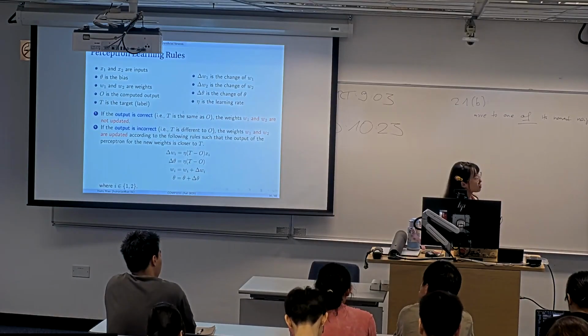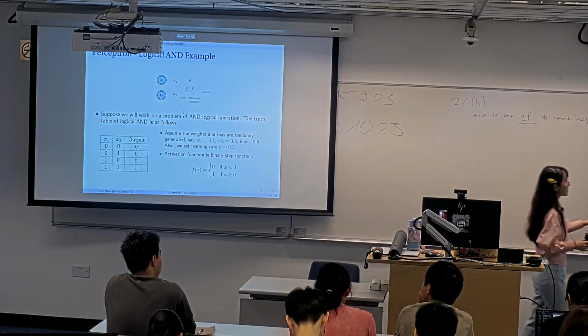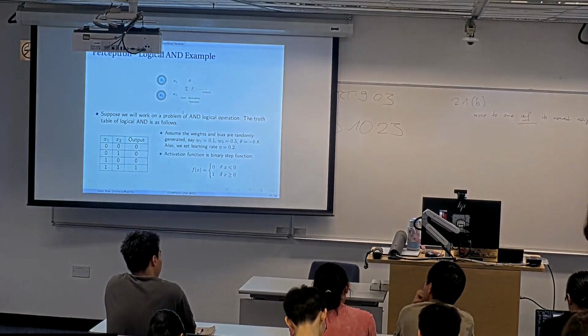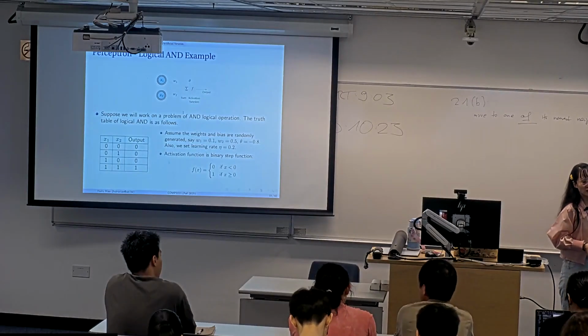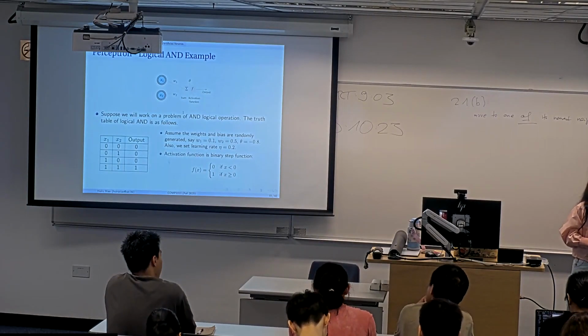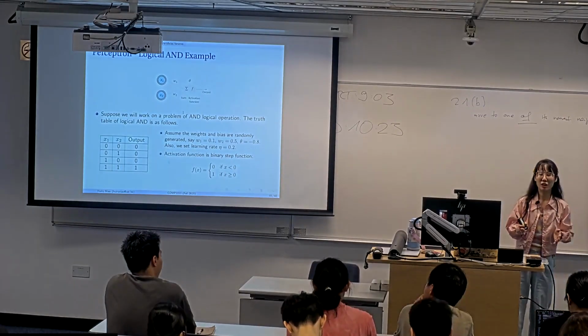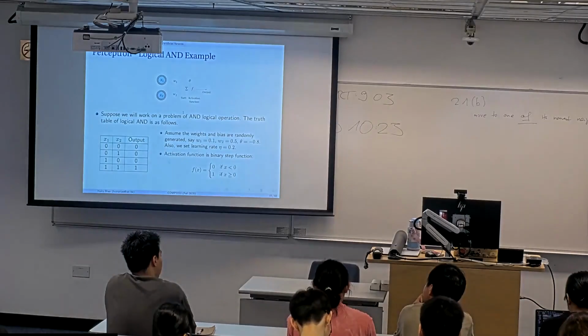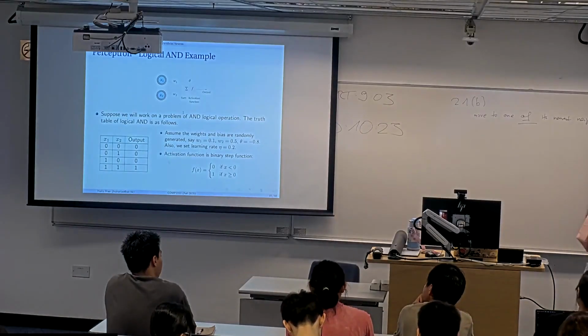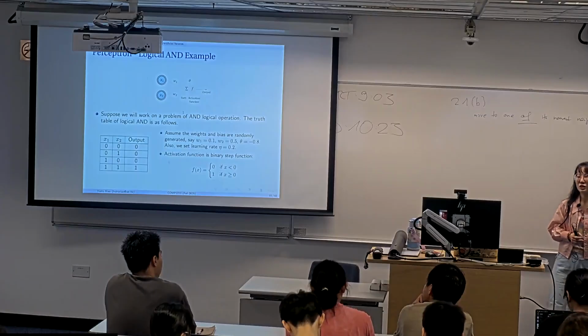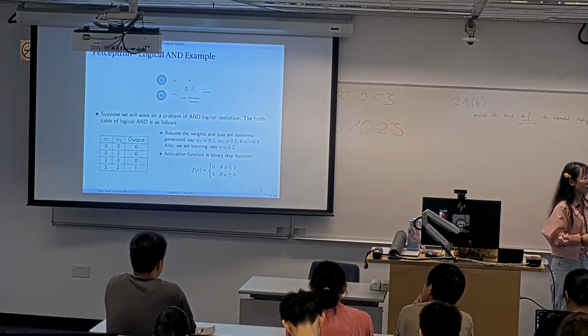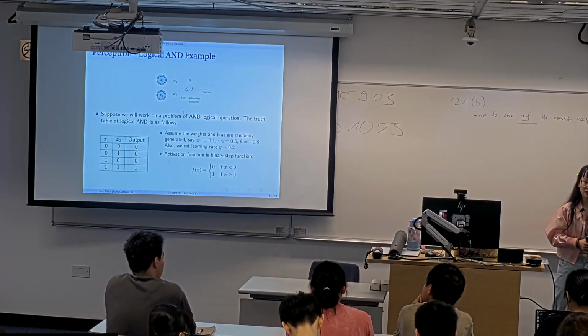Then if we observe our training data, we find that in total we have 4 data points, right? So if we want to learn the perceptron throughout the whole cycle of all the training data points, then we will need 4 steps. After these 4 steps, should we continue?